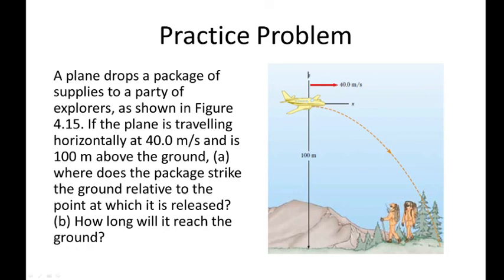So if it releases at this point, where will it land? Again, if it releases the package at this instant right here, where will it land with reference to the initial position right here? I'll say this is the zero position. How many meters is it from the zero position?